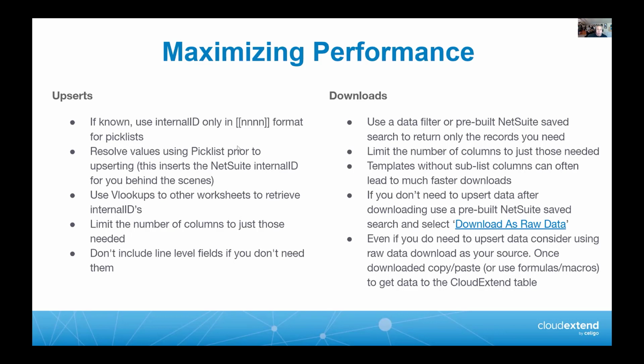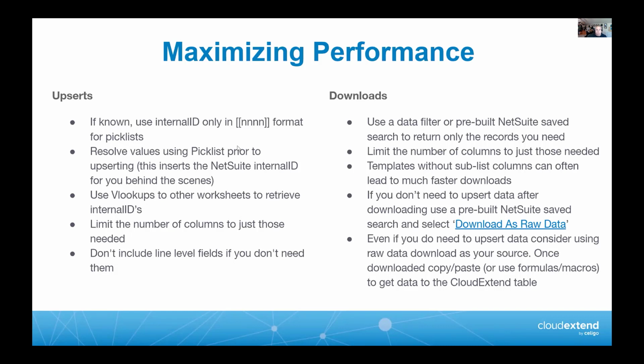That will tell CloudExtend not to go out and try to resolve that with NetSuite, because that sometimes can take a second or so for each one to resolve. So if you've got 60 in there, you'll save 60 times a second or so. Those values do get cached, so the savings might not be that much, but in any event, that's just one good tip for increasing the speed.